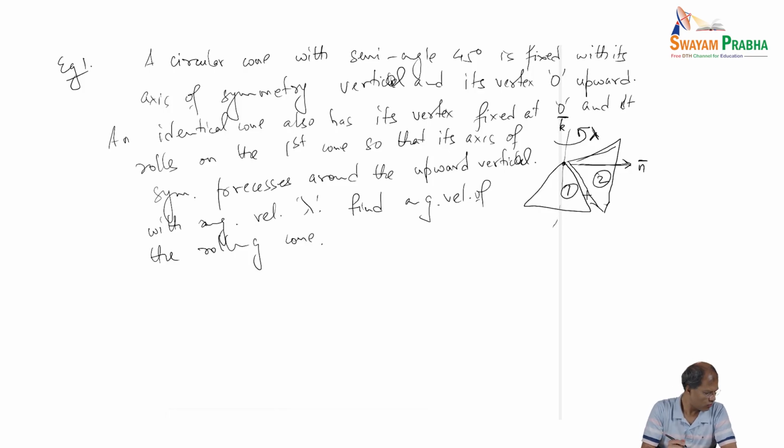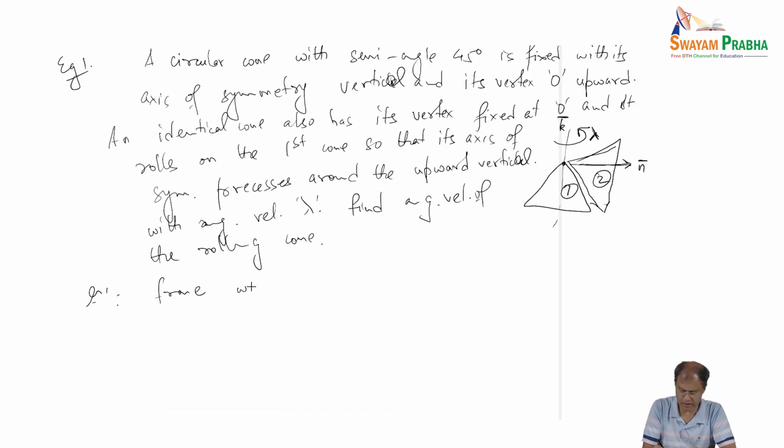So for the fixed cone, f prime is a frame. We have to fix our moving and our fixed frame. So our frame f prime, the moving frame, let us keep as the frame which is body fitted with the second cone, right?